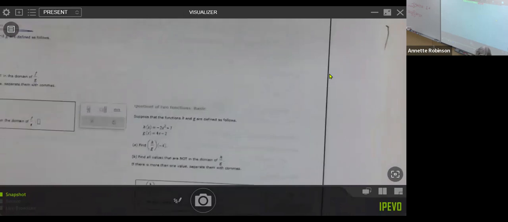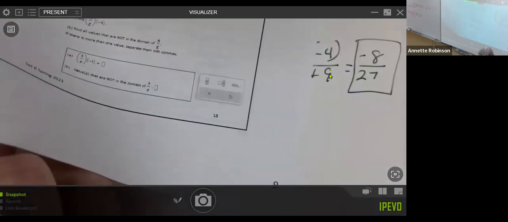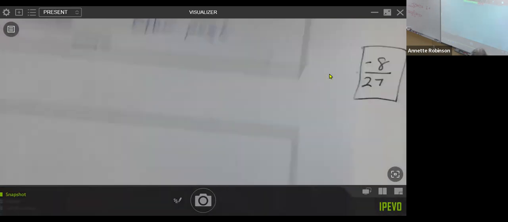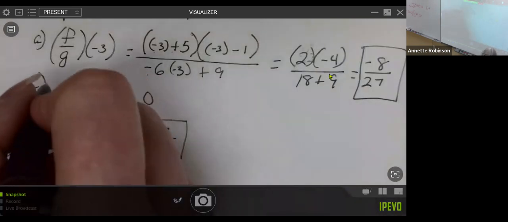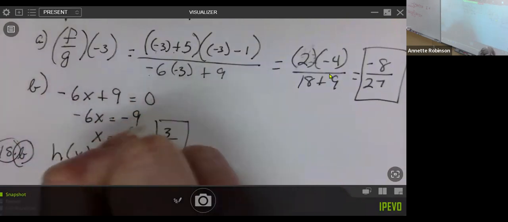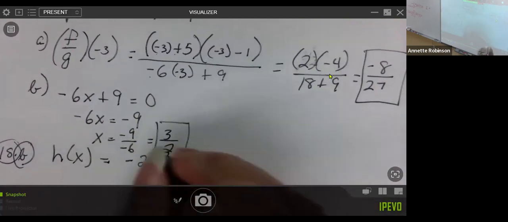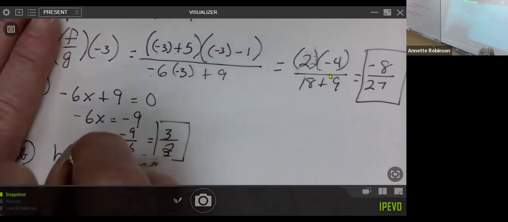My next part of that, which is 18b. You're given that h of x is equal to negative 2x squared plus, sorry about that, writing right over my other answer.